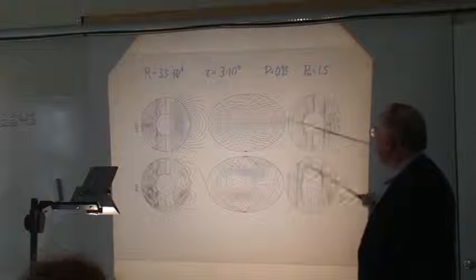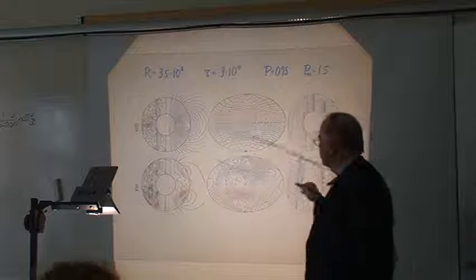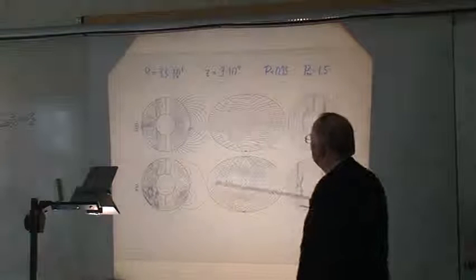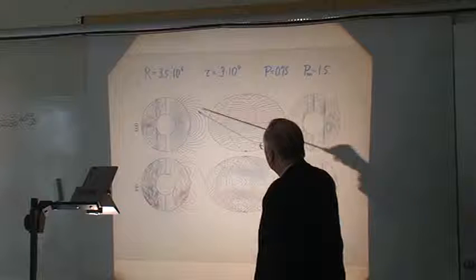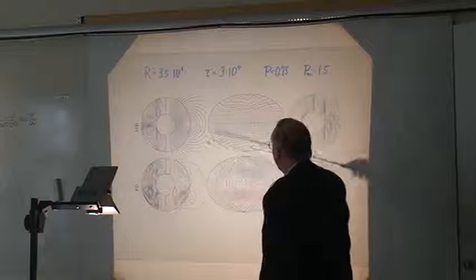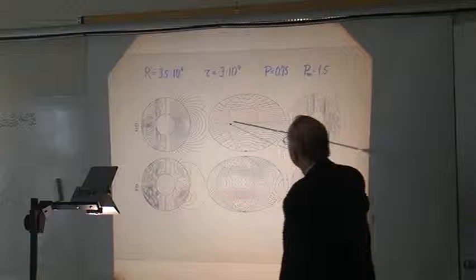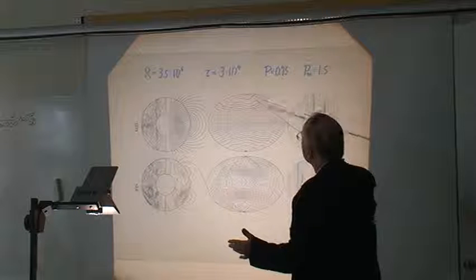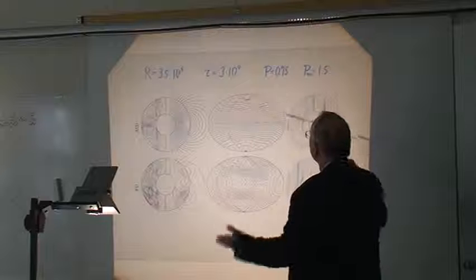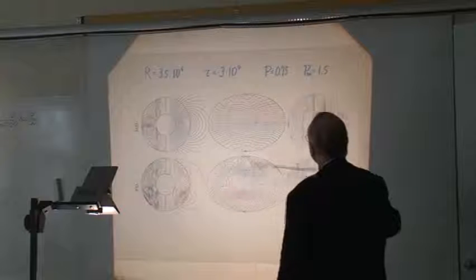Okay. I just want to show pictures of these two different types of dynamos. Here is a strong magnetic field dynamo with a strong mean field. If you look somewhat outside the outer surface, you see a very strong dipole. It's hardly modified by fluctuations.